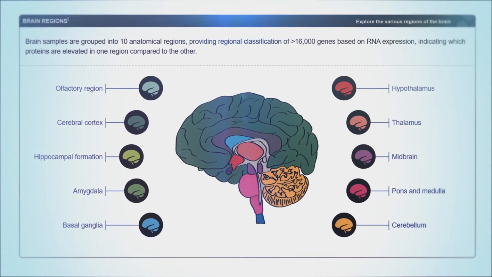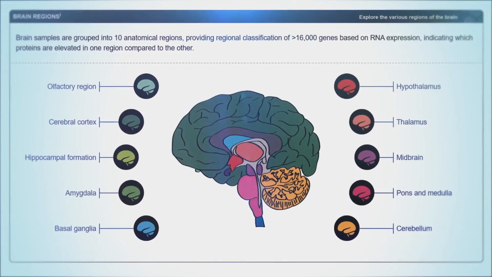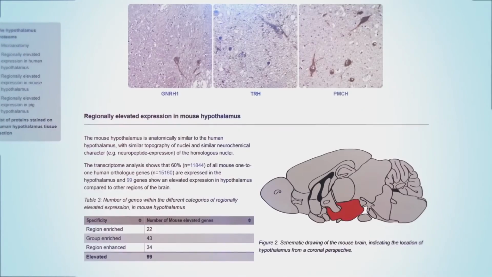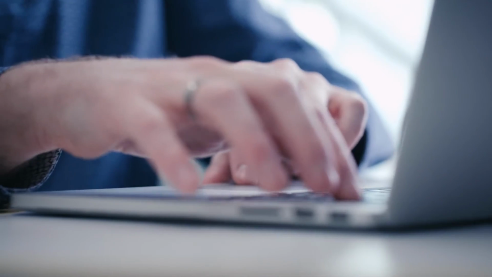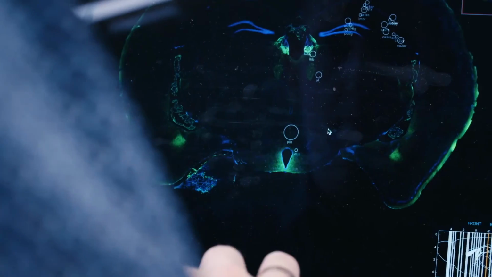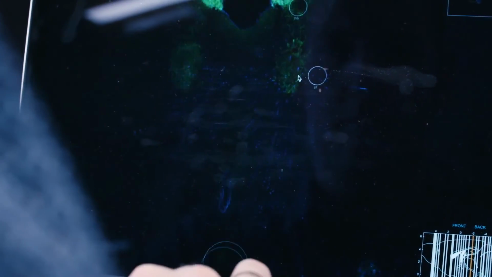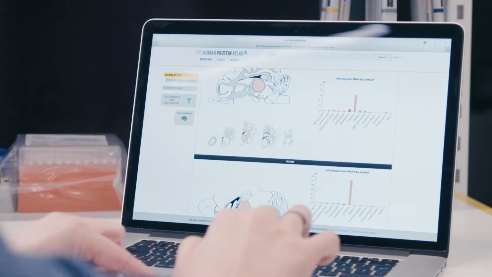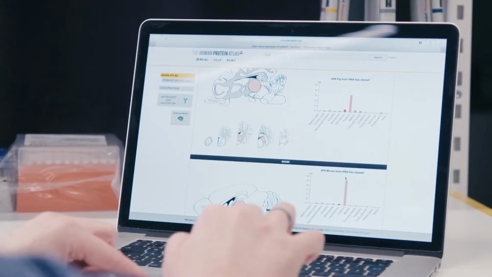A large number of regions of the brain have been analyzed and displayed not only for humans, but also for pigs and mice. This allows scientists to explore the presence or absence of a particular protein in the human brain, and also to identify differences in protein profiles between these 3 mammalian brains.